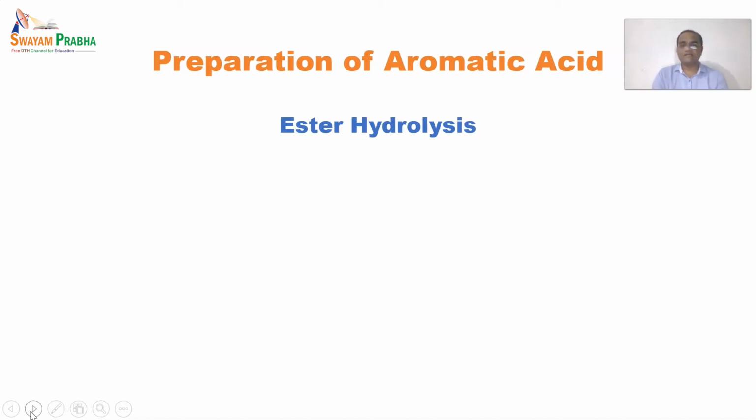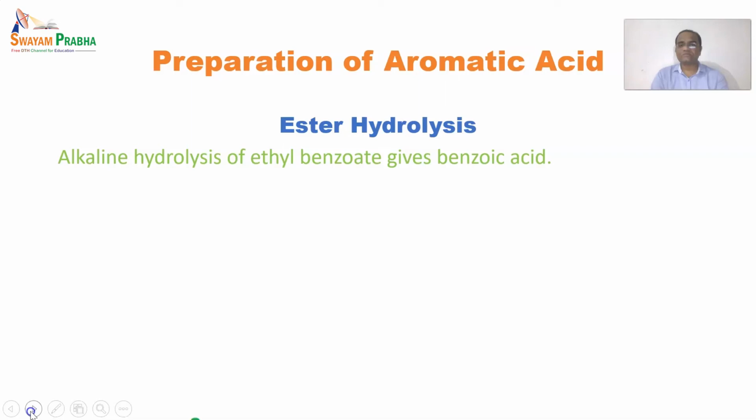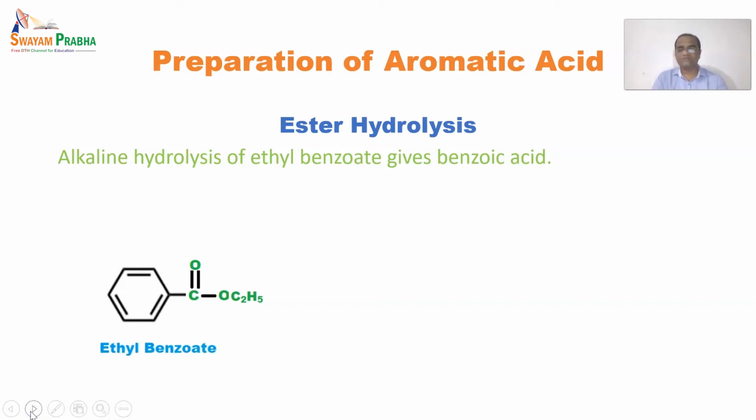Next, preparation of an aromatic acid, that is ester hydrolysis. Alkaline hydrolysis of ethyl benzoate gives benzoic acid. We will come across the opposite reaction in the case of reactions of acids, where from acid we will be synthesizing an ester.